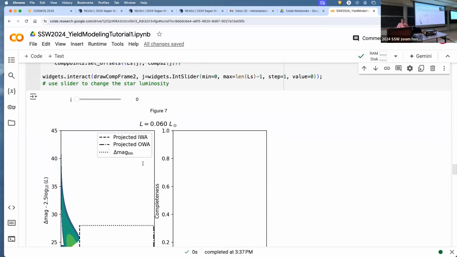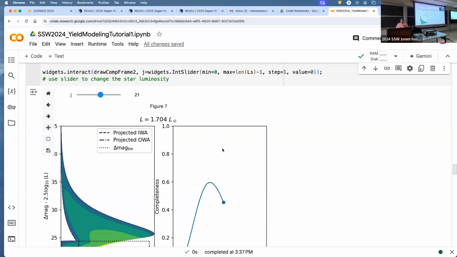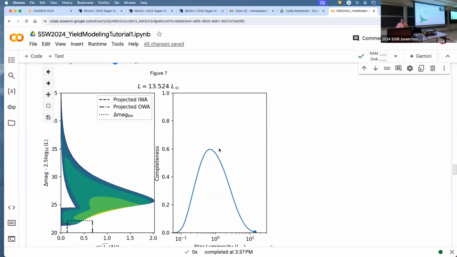And we have another fantastic slider where we can see as we go to higher luminosity stars, and we get way out here into some pretty bright stars, what happens with our box, and where the ideal match is, the maximum here.